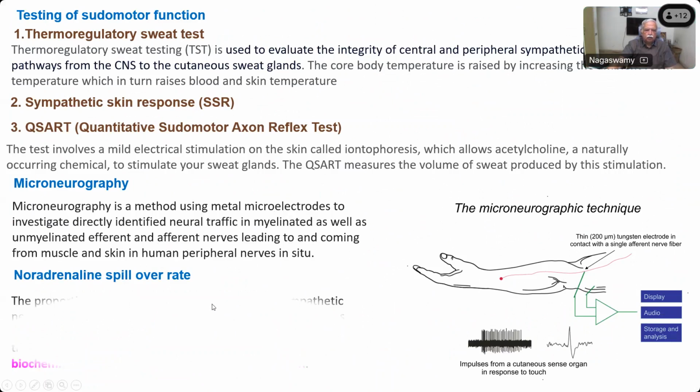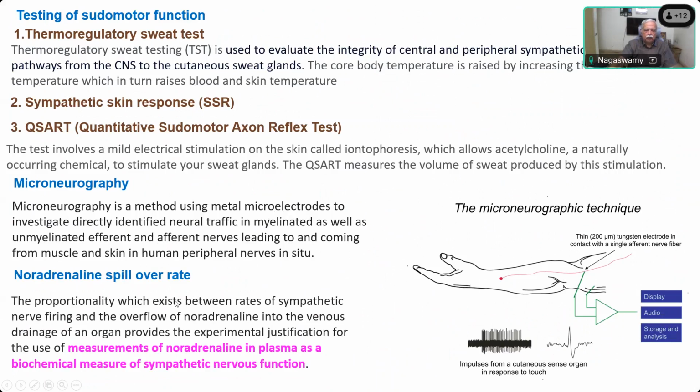And the noradrenaline spillover test is the last one that you do for sympathetic nerve firing. The overflow of noradrenaline, which is the main transmitter, into the venous drainage of an organ provides the experimental justification. So measurement of noradrenaline in plasma as a biochemical marker of sympathetic stimulation is done by the noradrenaline spillover test, which is also very objective, just like measuring your cardiac biomarkers like troponin.